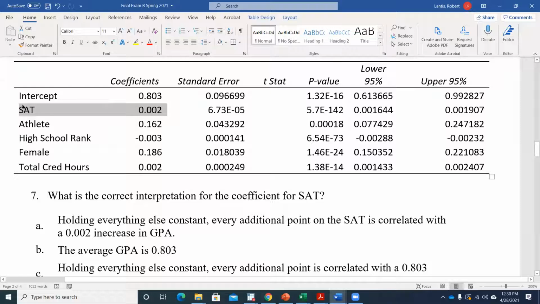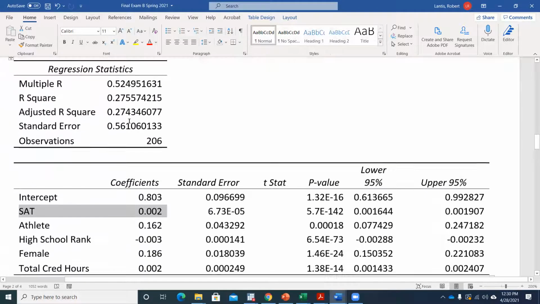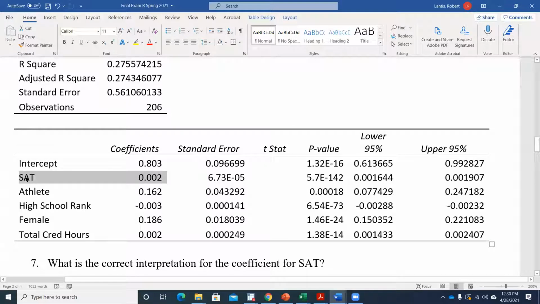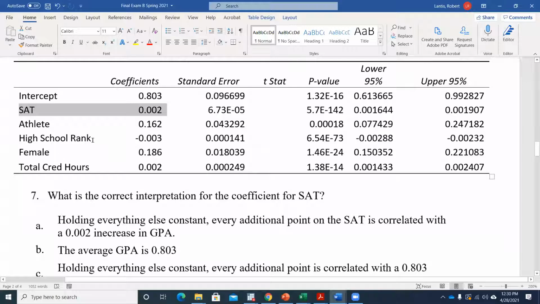So here, a 1 unit increase in SAT score, which is measured in points, is 1 more point. If I scored 1 point higher, it would increase predicted GPA, my y variable, by 0.002, holding everything else constant in this regression.